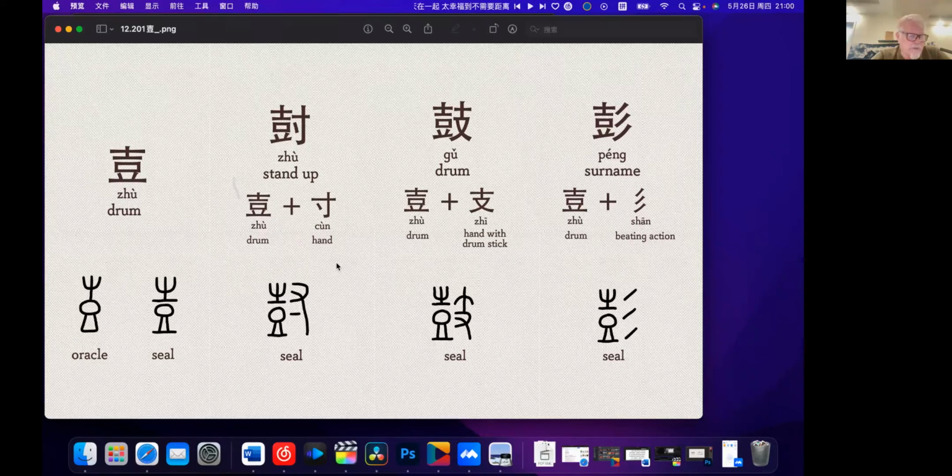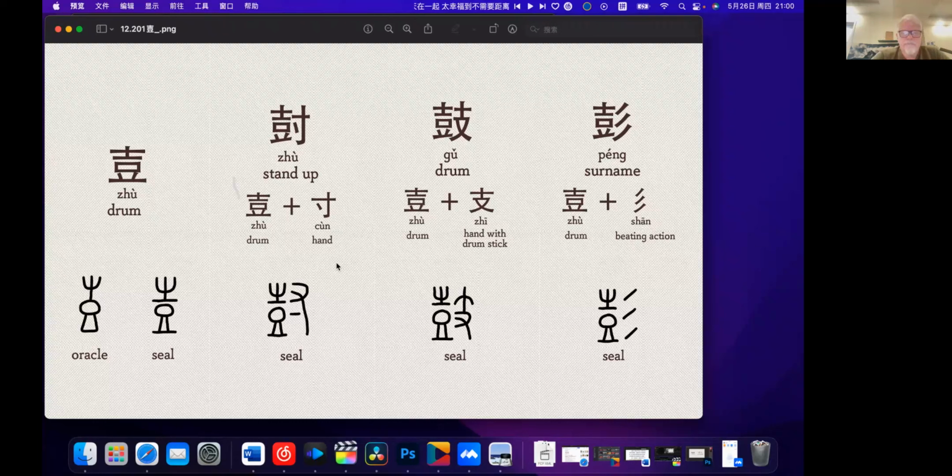There were two kinds of drum, or several kinds of drums in the old days. One of them light, flat, and you hit it from the top. The other kind was a big drum, and you hit it from both sides. And you have chun, which means inch. But you can see it's a hand with a dot.